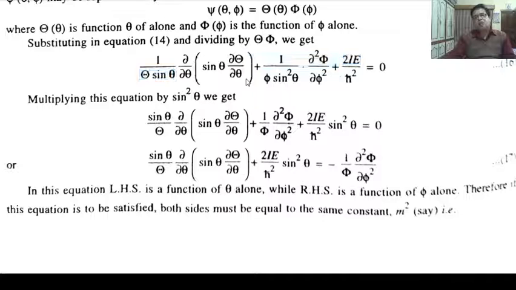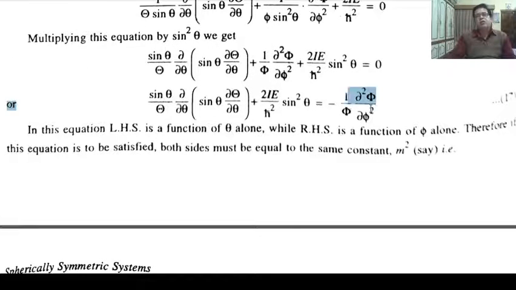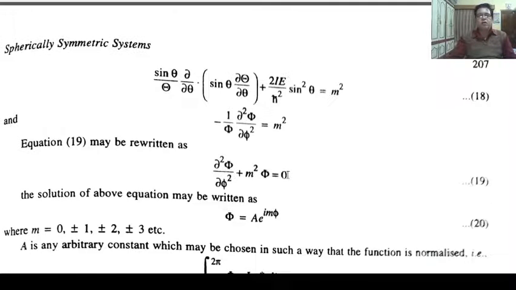This is the theta term and the second part is the phi term. You can take the phi term on the right hand side and the left hand side is the theta term. Left hand side is a function of theta, right hand side is a function of phi, but both are equal only when the result is equal to some constant, and here we are taking the constant as m square.